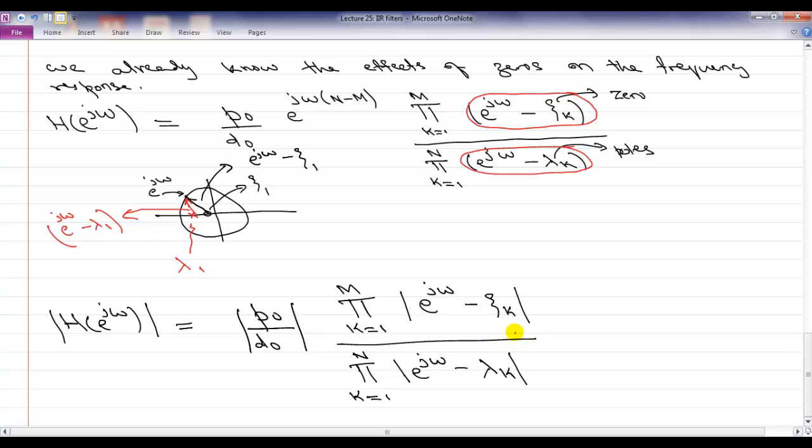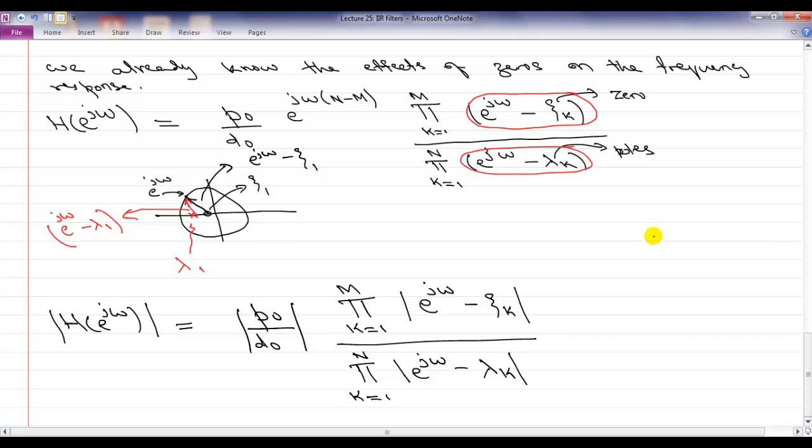So what this is saying is that every zero gives a contribution proportional to the length of the difference from that zero location to the frequency. Whereas poles appear in the denominator. So you are looking at 1 over the length of this vector.